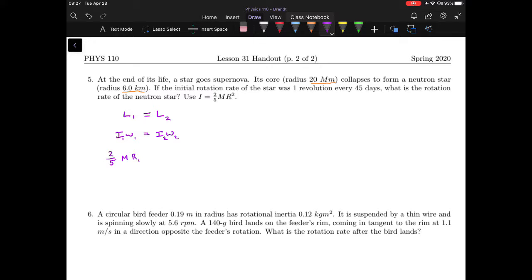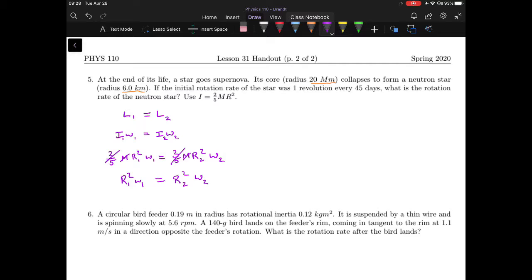So it's going to be r1 squared times omega 1, which has to equal the same thing, 2/5 m r2 squared omega 2. Those masses will cancel, those 2/5 will cancel, so what we're left with is just r1 squared omega 1 has to equal r2 squared omega 2.